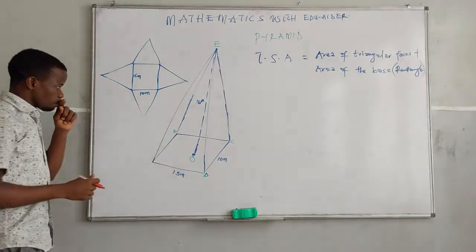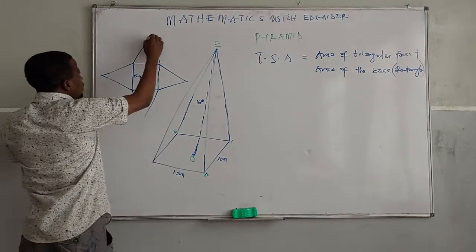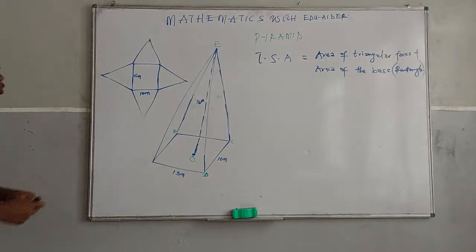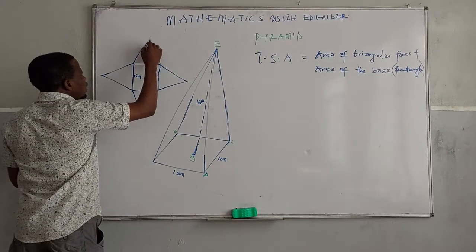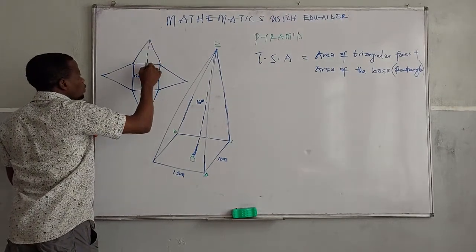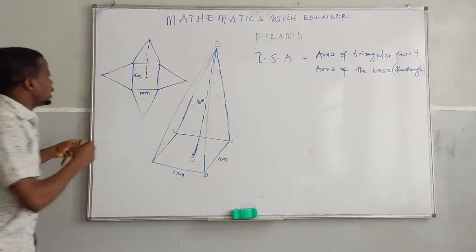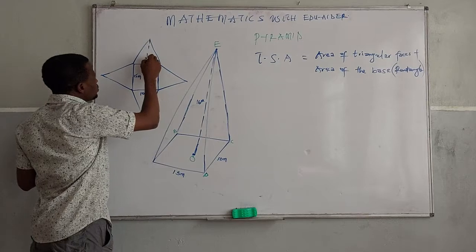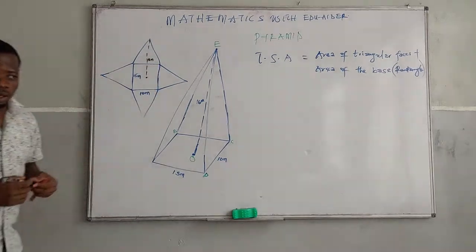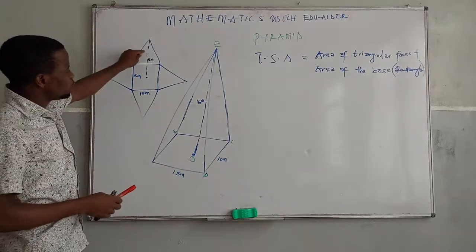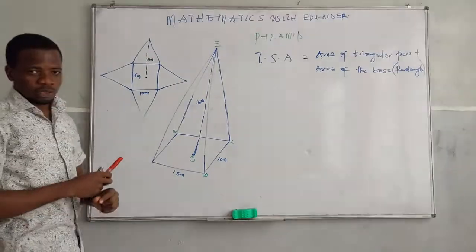Now, we have the height from here down. The height there comes down to this center, right? So that's the height. This one is already 16 meters. Now, to calculate the area of this triangle is going to be a bit difficult.